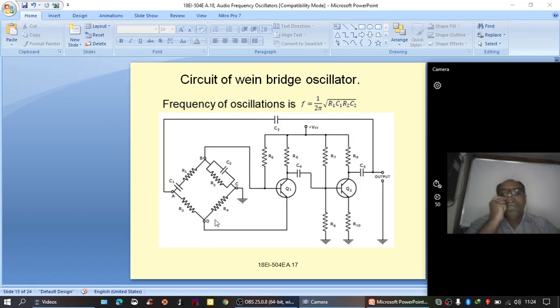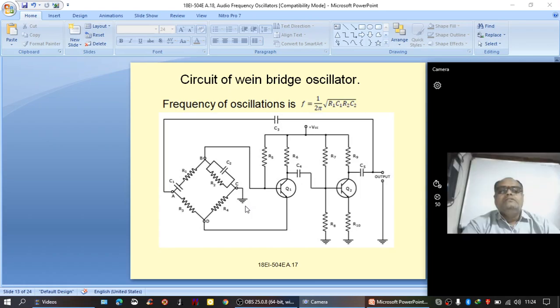And here the supply or excitation to the bridge circuit is taken from the output of the oscillator circuit between terminals A and C. Whenever the power supply is switched on, then due to switching transients, there will be some output, and that output will act as input to the oscillator circuit, and it starts producing oscillations.